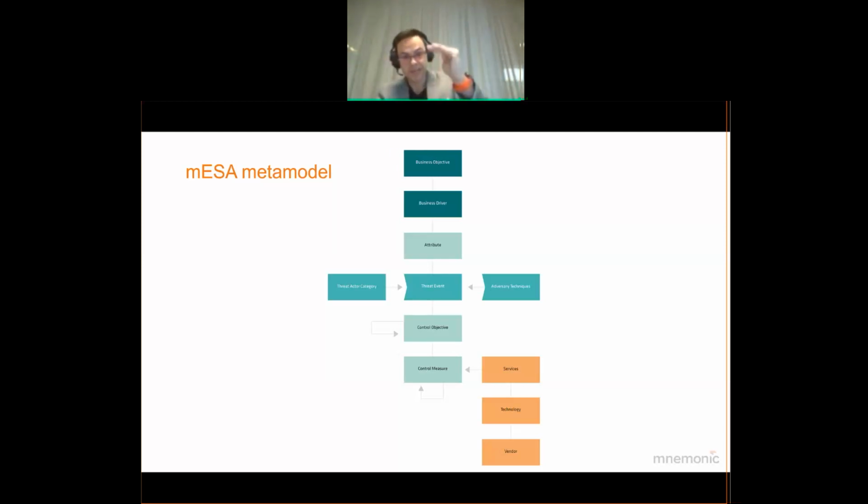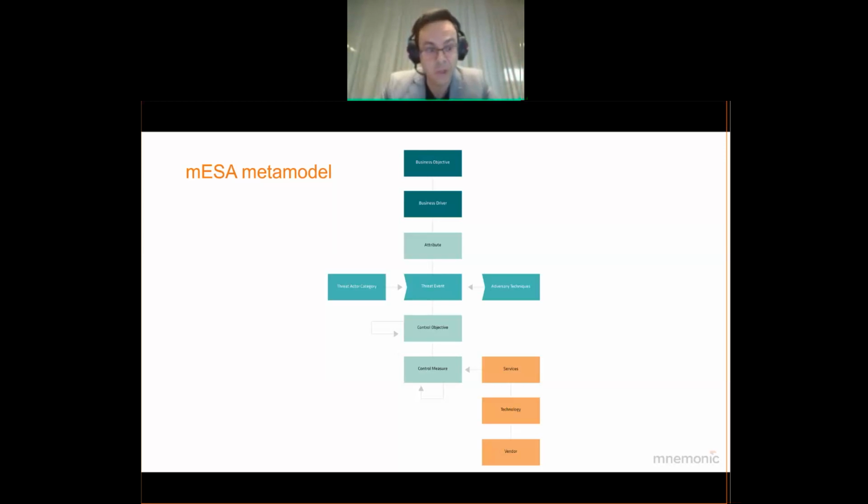Next level in the model, after threat events, we go to control objectives. Which control objectives can help us to minimize the probability of those threat events? Which control objectives can help us to minimize eventually the risk to the business?